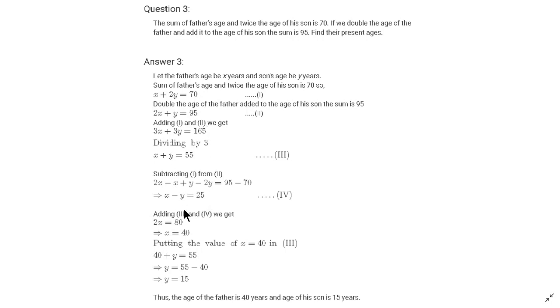That's why we can solve this example in many other methods. We have so many previous methods that can be used to solve these linear equations. One of the methods is used here, and we find the values of x and y. So the age of father is 40 years and the age of son is 15 years.